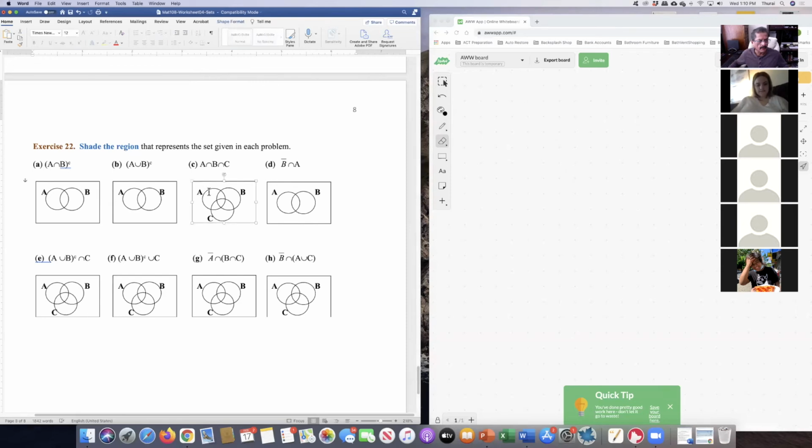They intersect where the C is, I think. Yeah, I think you got it, but I'm going to draw that. So I'm drawing the picture.